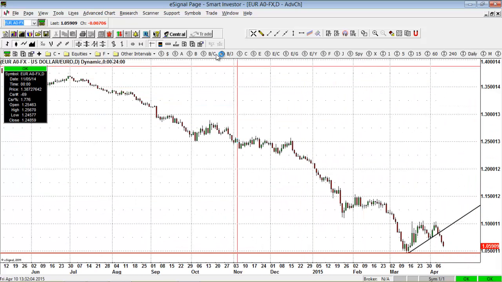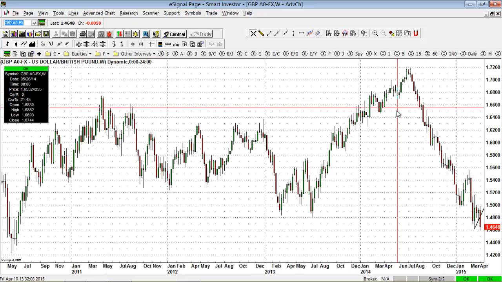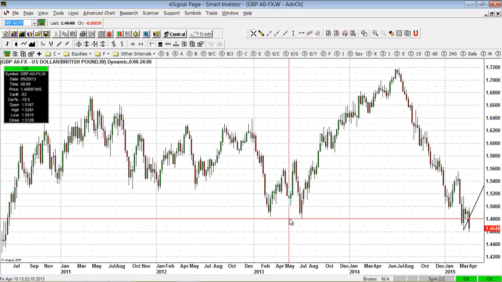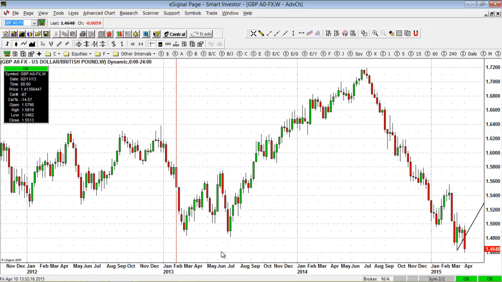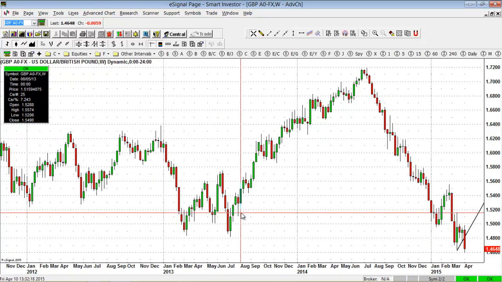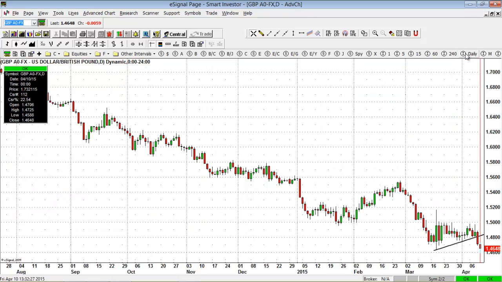Taking a look at the British pound, we said that the market is flirting with support at this 148 level. And I also said if the market closes below 146 on a weekly time frame, that could be fairly bearish for the market, and that still stands.